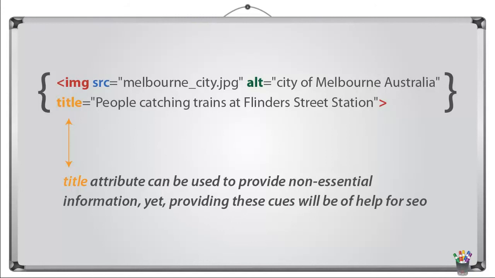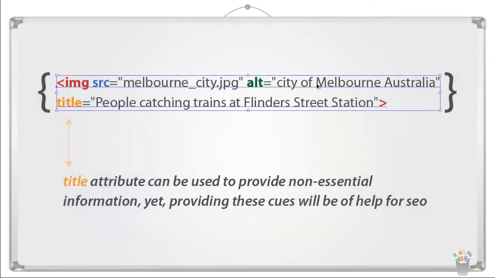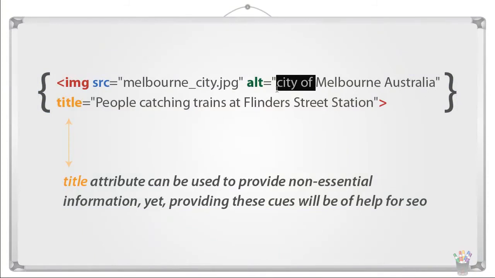But you see, when we start thinking like this, what is going on here is, if I'm targeting the keyword Melbourne, for example, or Melbourne, Australia, well, as far as Google SEO is concerned, this is good enough for me, as opposed to having things like this in my alt attribute.